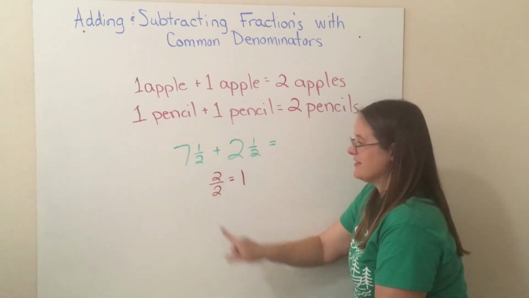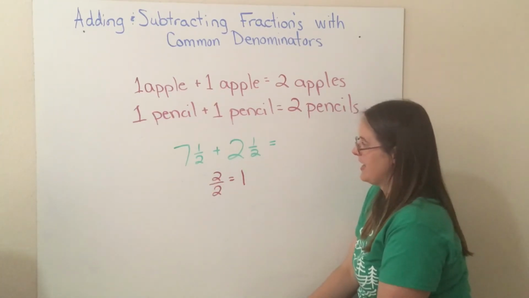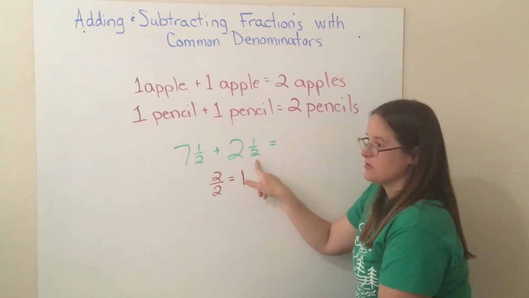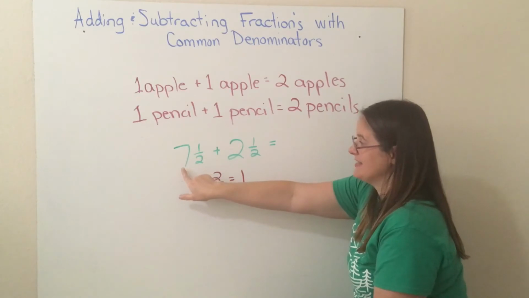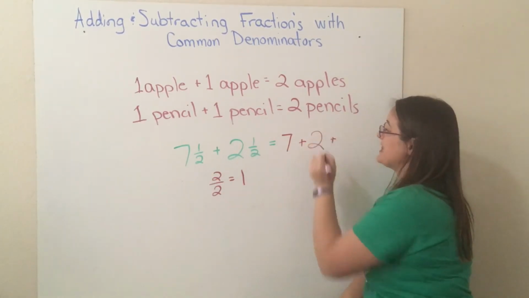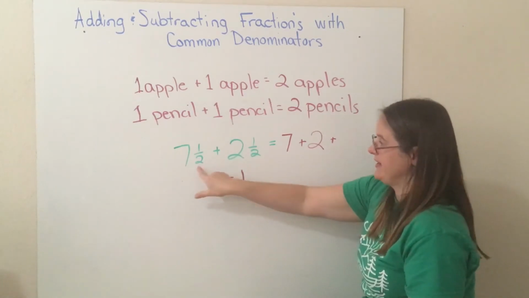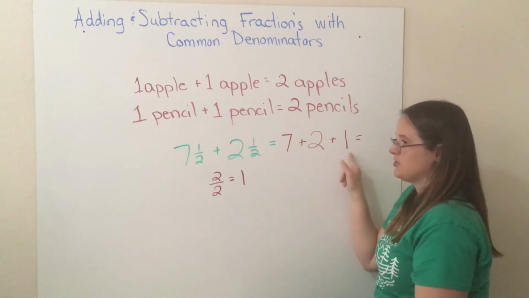When the numerator is the same as the denominator, you've got the whole thing every time. Okay? So we know that these are equal to 1, right? So now we need to add 7 plus 2 plus we need to add the 1 that these 2 halves account for. So what is 7 plus 2 plus 1?